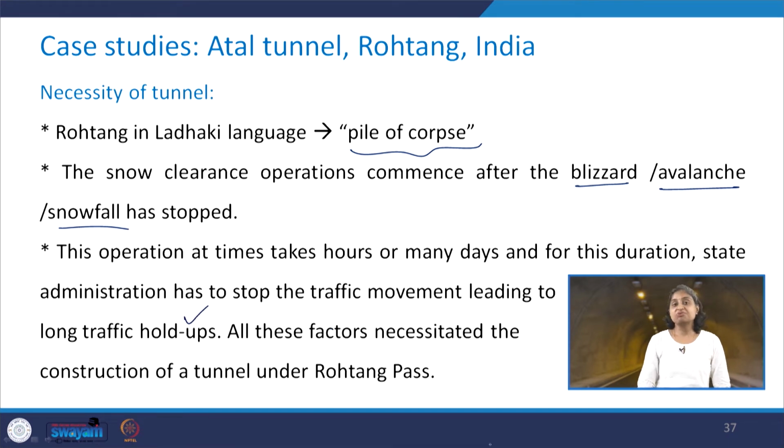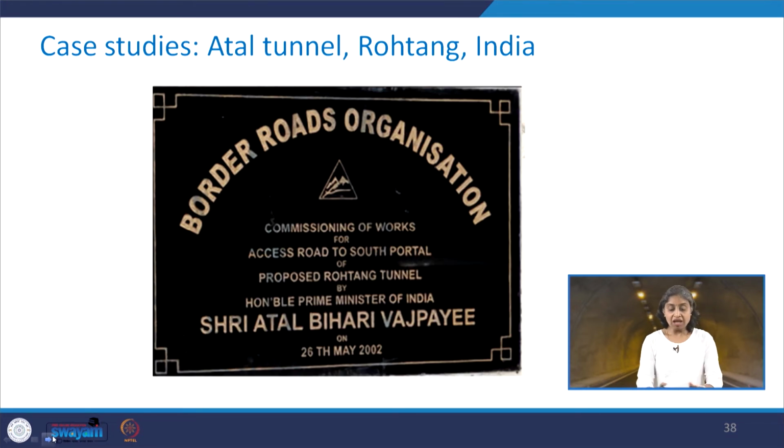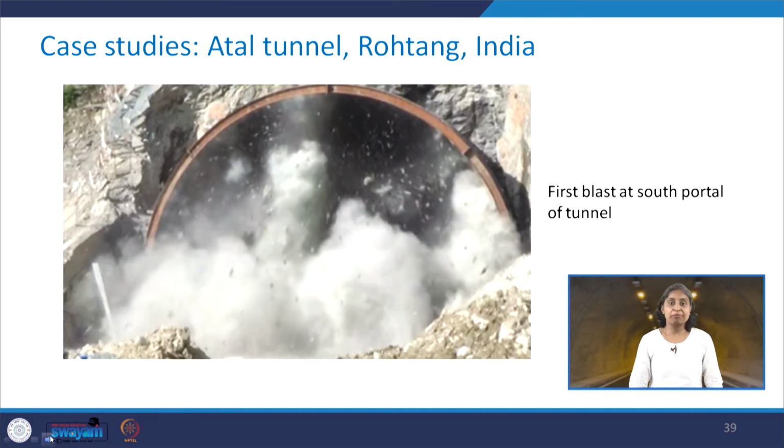So all these factors necessitated the construction of a tunnel under the Rohtang Pass. This was started in May 2002 by the Border Roads Organisation, and this was the picture taken when the first blast took place at the south portal of the tunnel.